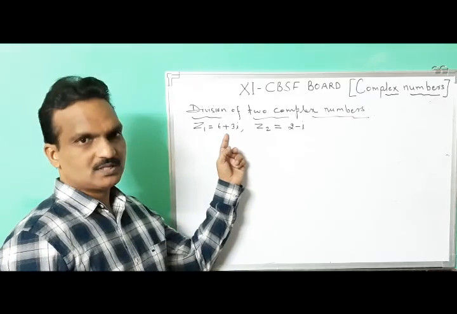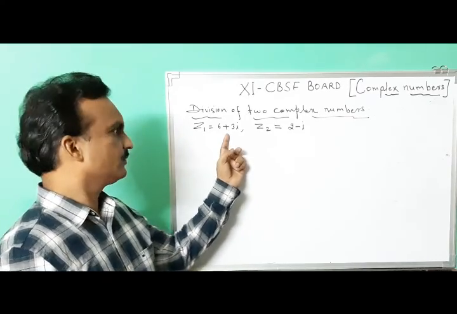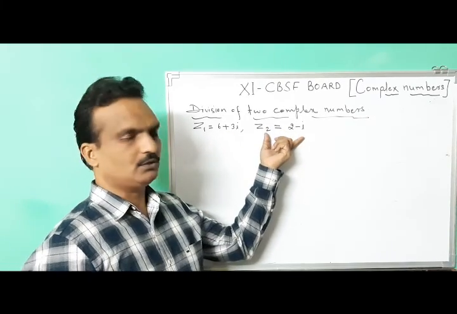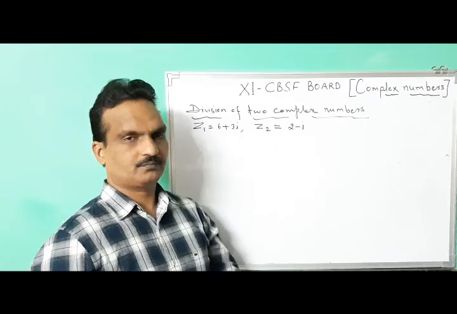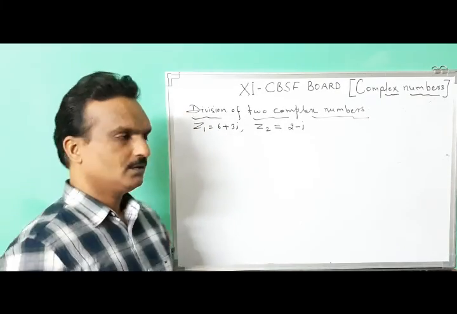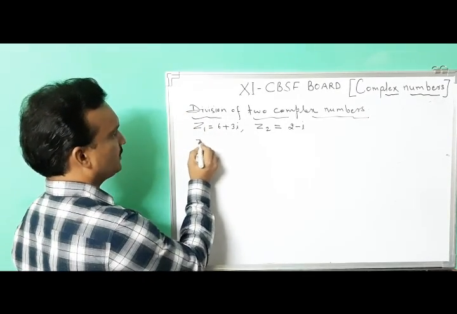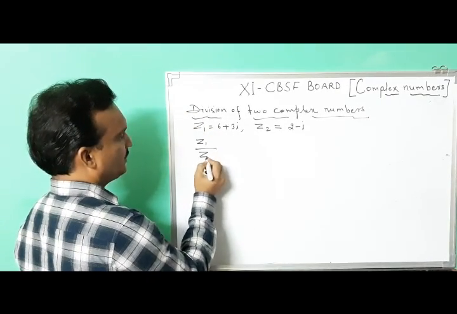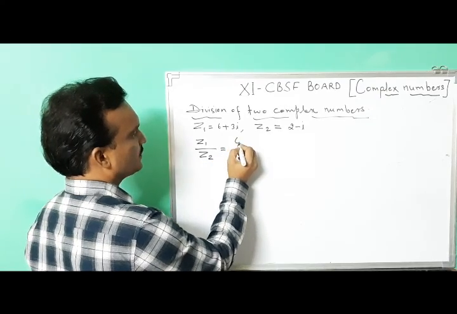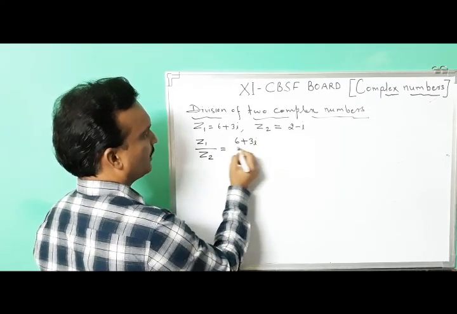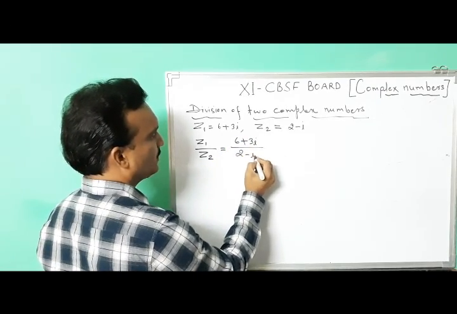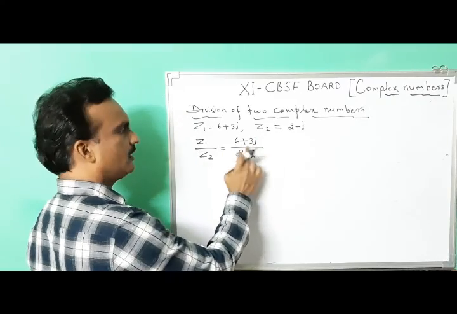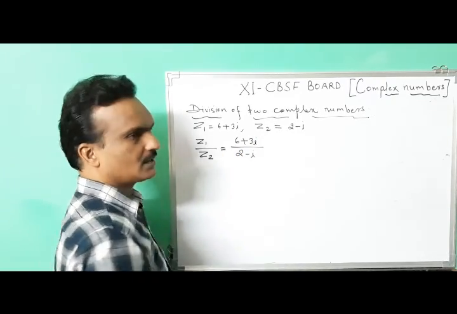Z1 is equal to 6 plus 3i and Z2 is equal to 2 minus i. Let us divide them. We will write like this: Z1 upon Z2 equals 6 plus 3i upon 2 minus i.